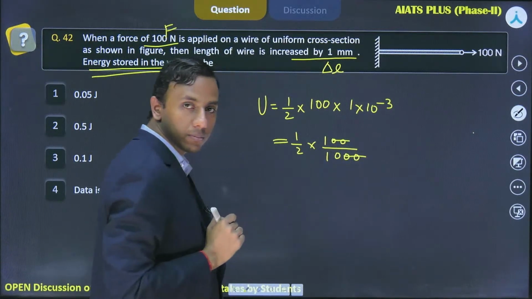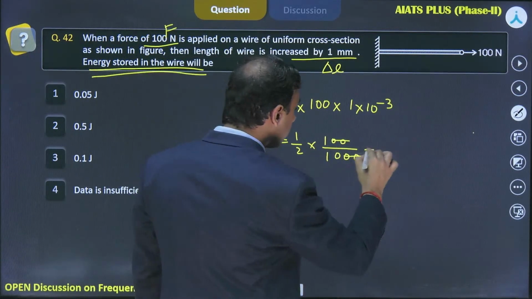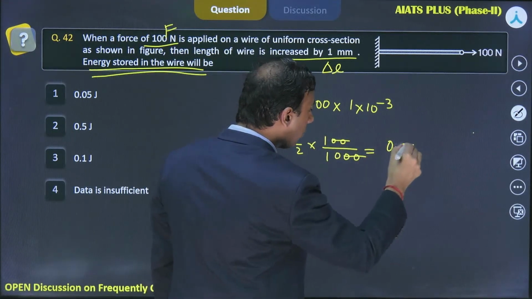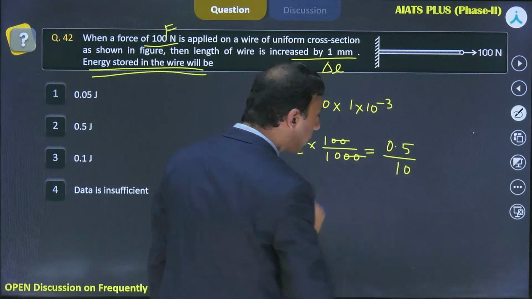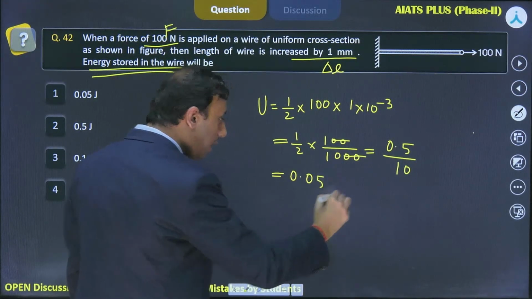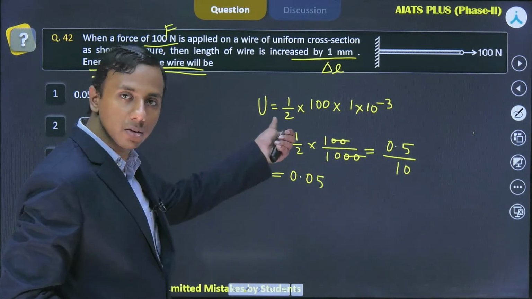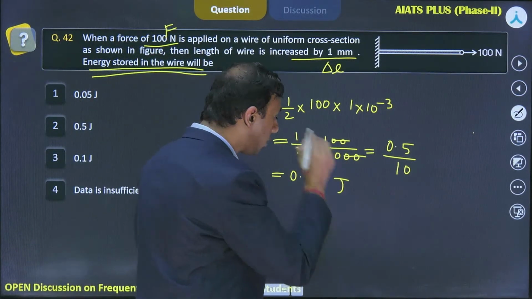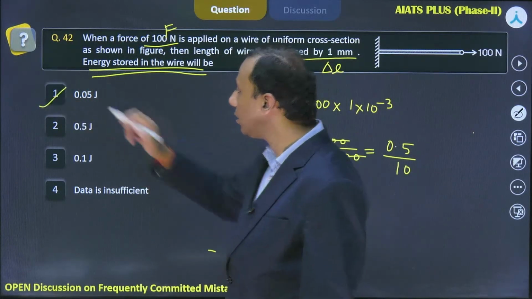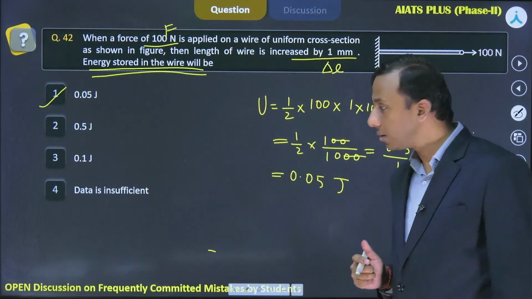Zeros cancel out, so it becomes 1 by 20. And 1 by 2 is 0.5, so this is 0.5 upon 10, that means 0.05. What is the SI unit of energy? Joule. And remember the SI unit of energy density as well, joule per meter cube. Anyway, we got the answer, 0.05 joule.